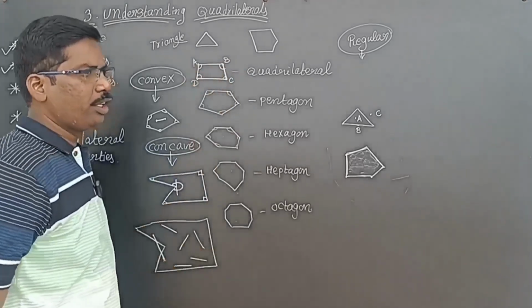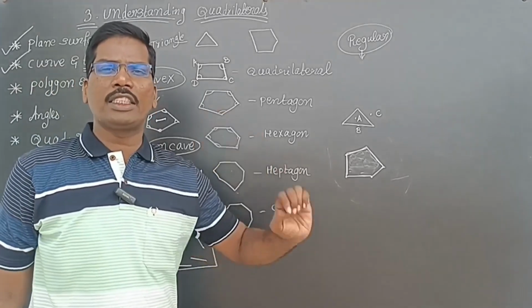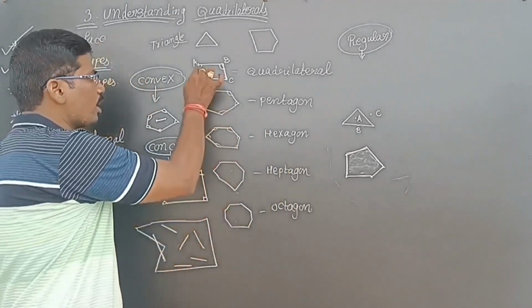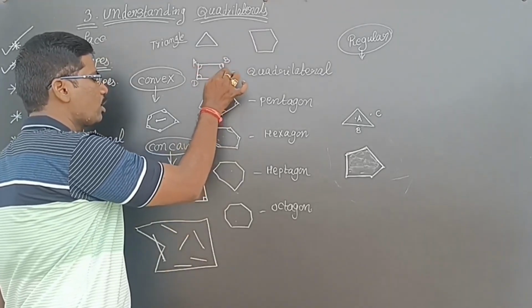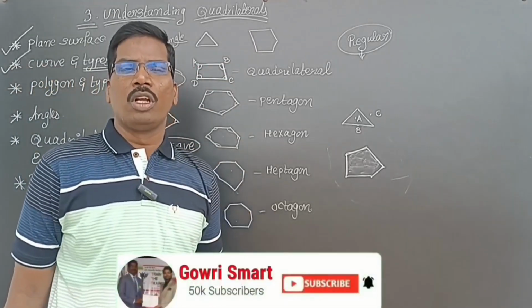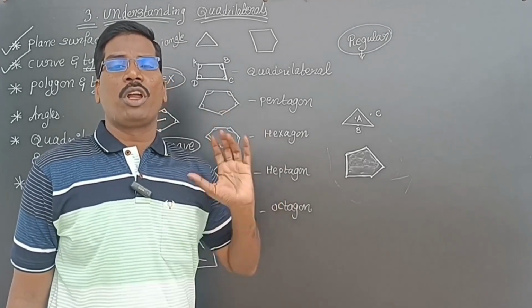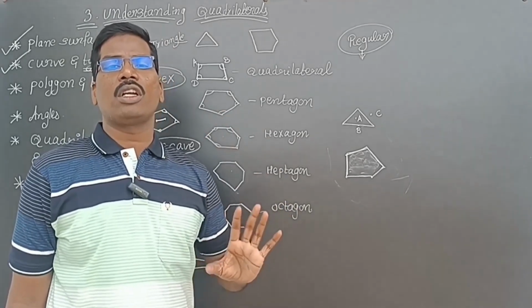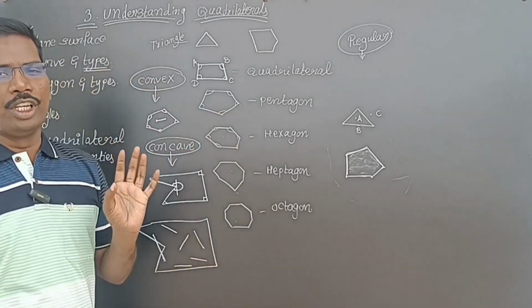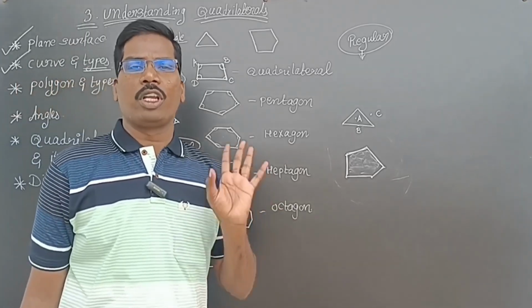So mainly the measurements of a polygon are sides and angles. Vertices we can't measure because a vertex is a point. So the parts of the polygon are sides and angles only, because we can find the angle and the side of a polygon.